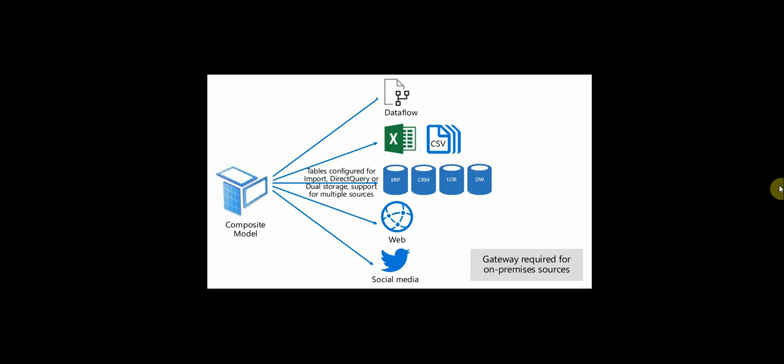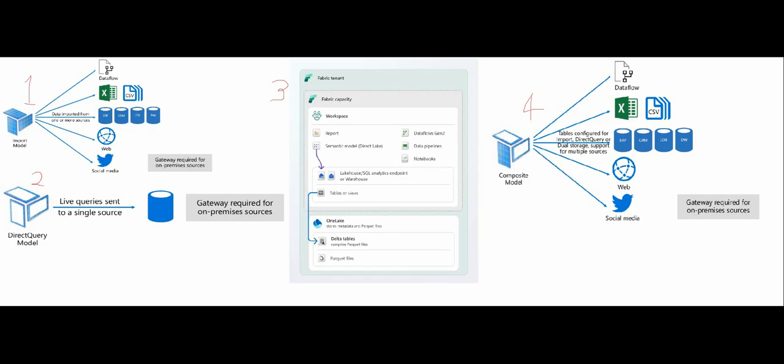So let's do a quick recap, shall we? Import: fast, feature rich, but requires refresh. DirectQuery, the second one: real time, scales big, but source dependent performance.